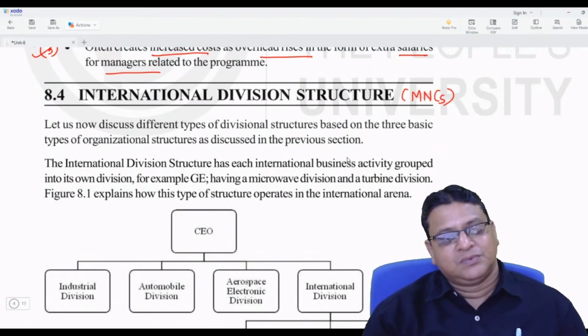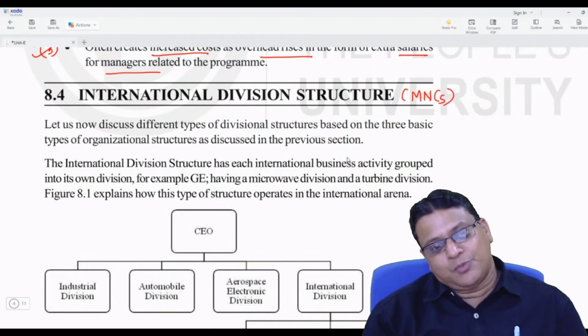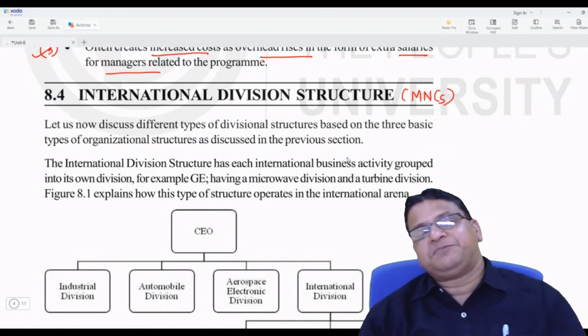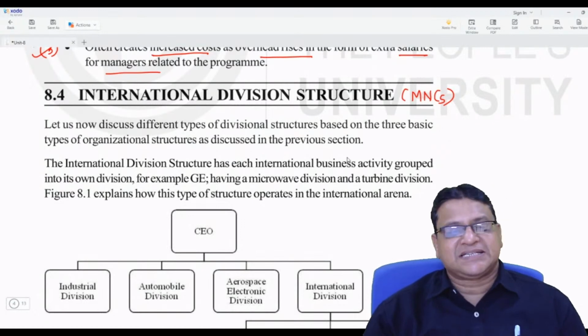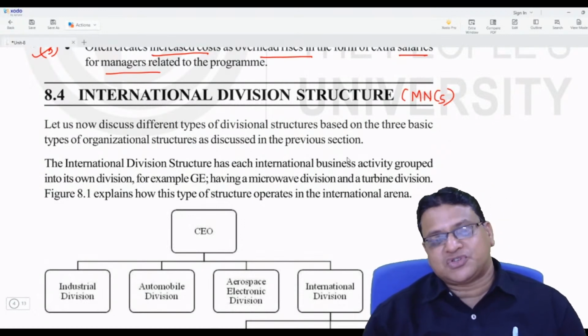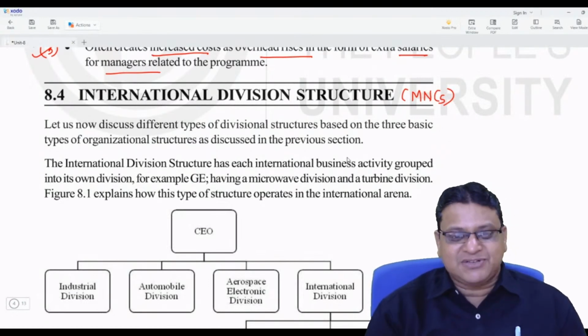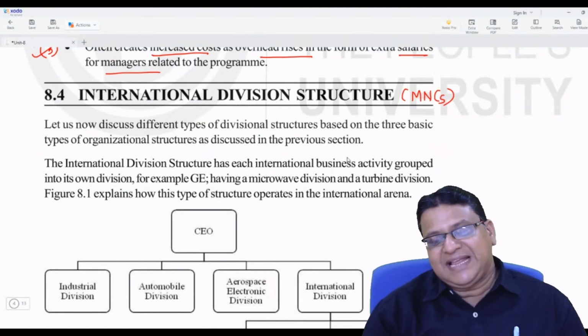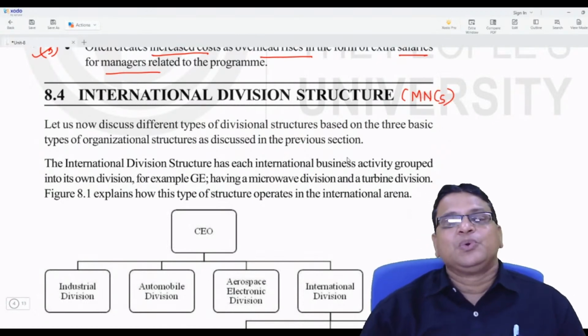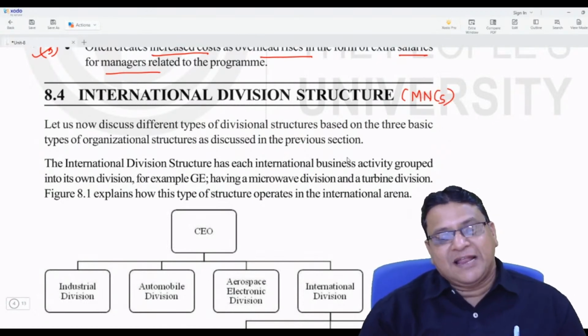Also, you extend the domestic approach towards international business. In that case, you can adopt international division structure. Apart from other divisions in the organization, you can design a separate division to look after international works.